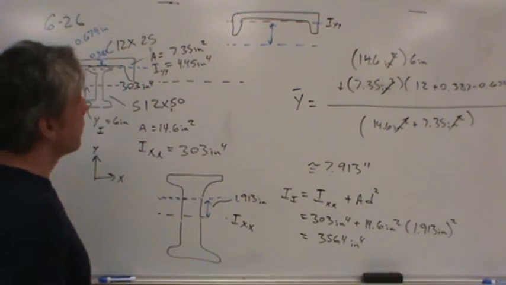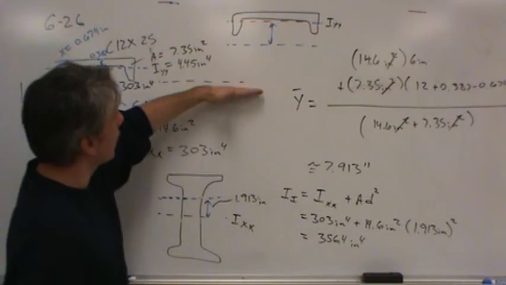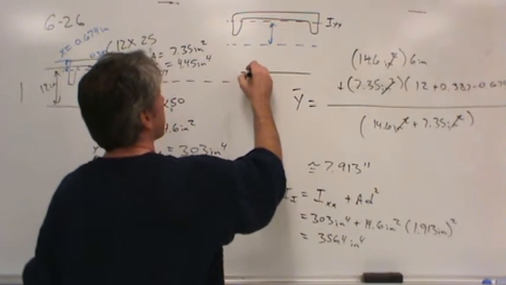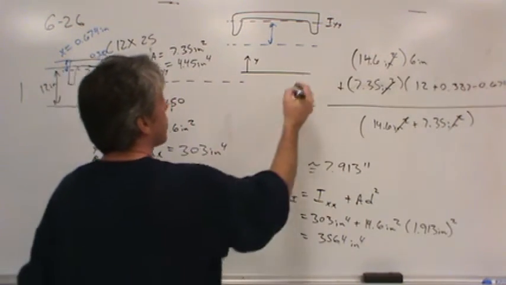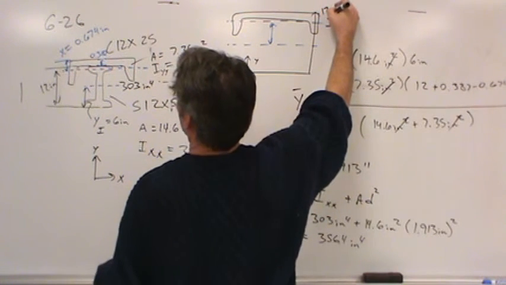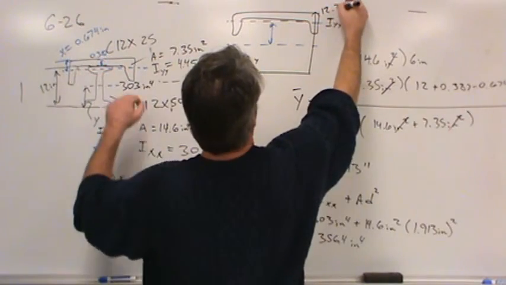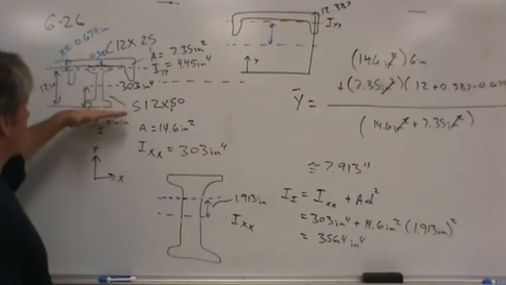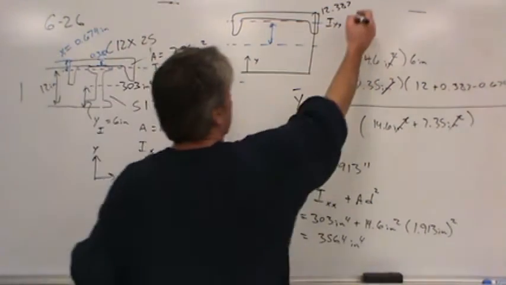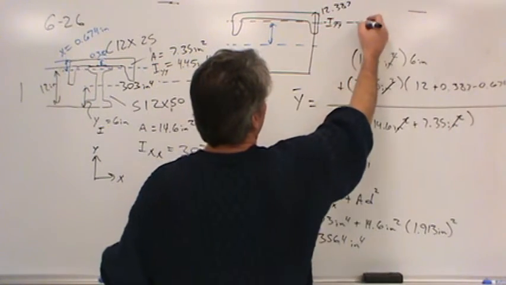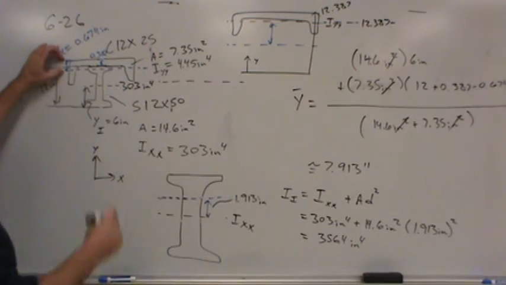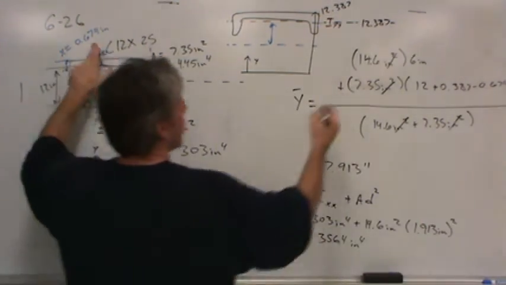This is going to be a little tougher because we'll need the overall height referenced from the bottom of the I-beam. Okay, so here's our y-axis. So that overall height is 12.387 inches. Okay, that's from here to here. And then we'll have to subtract off this thickness going down to the centroid, which is 0.674.